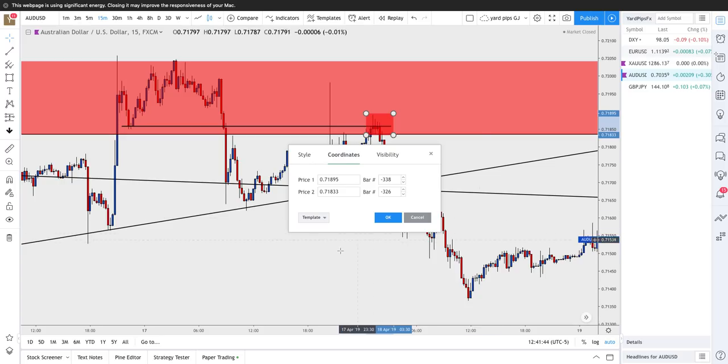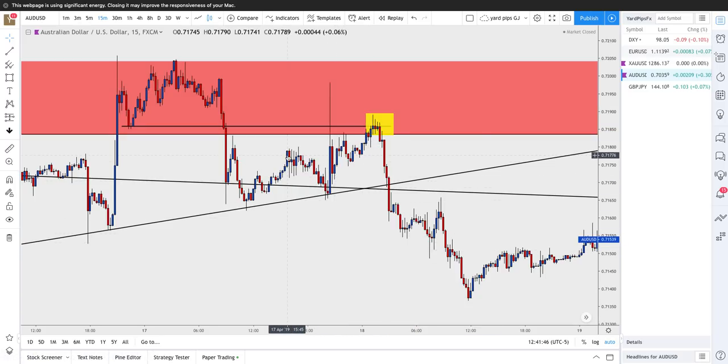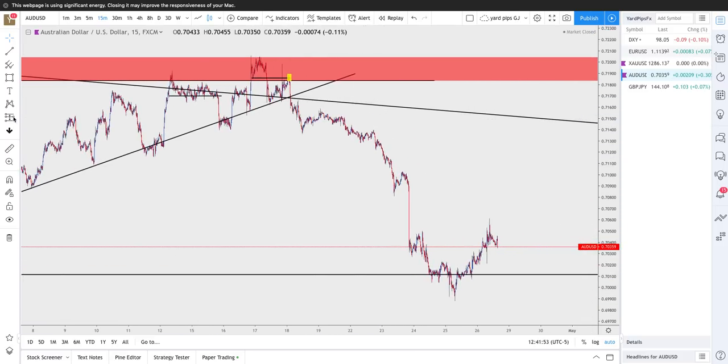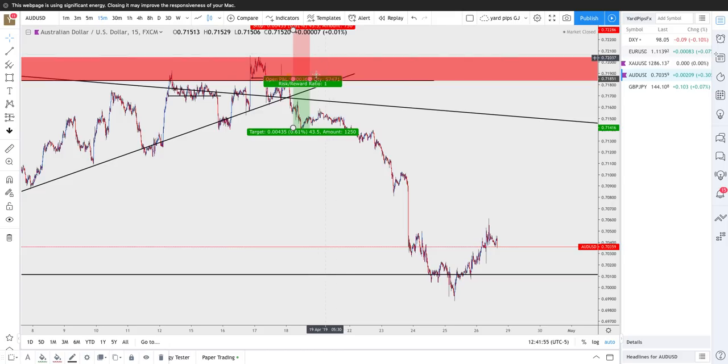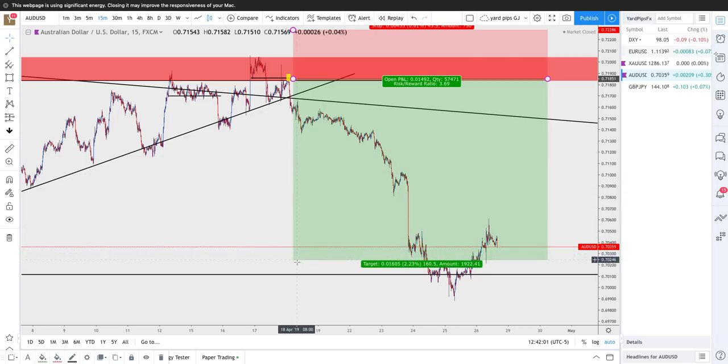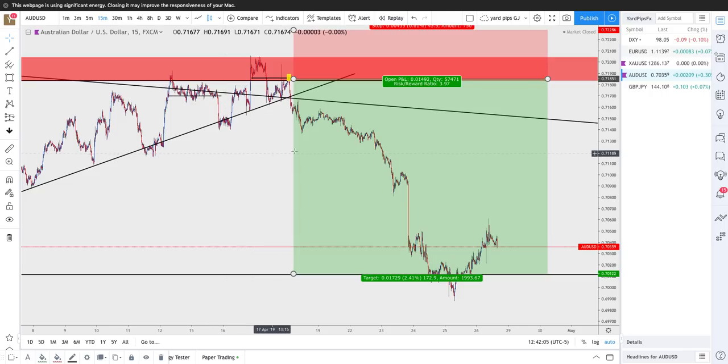Highlight. Boom. As it gave us quite a few entry opportunities, capitalizing on these and taking this trade to the daily level of support would have given us somewhere along the lines of 173 pips. Nice swing trade right along there.